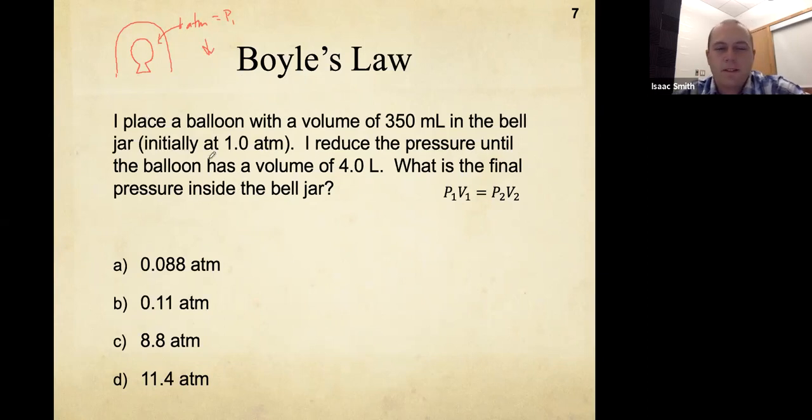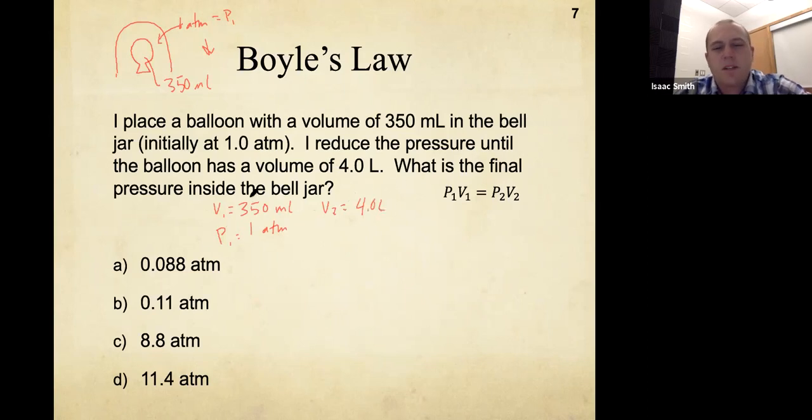What is the final pressure inside the bell jar? Okay, let's go back through this one. So the balloon has an initial volume of 350 milliliters. Our initial pressure inside the bell jar is 1 atmosphere. Our final volume, the pressure is reduced until the balloon has a volume of 4 liters.